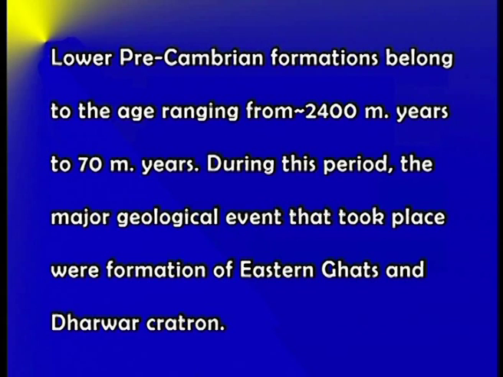Lower Precambrian formations belong to the age ranging from approximately 2400 million years to 70 million years. During this period, the major geological events were the formation of the Eastern Ghats and Dharwar Craton.